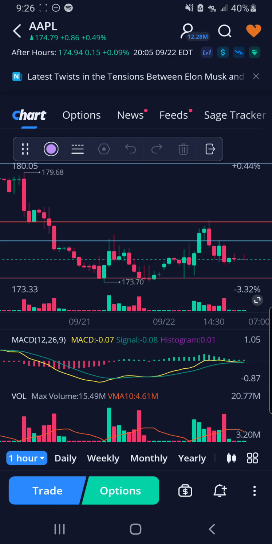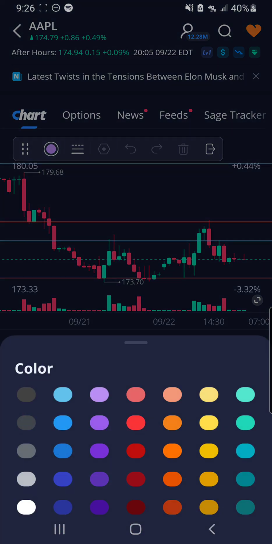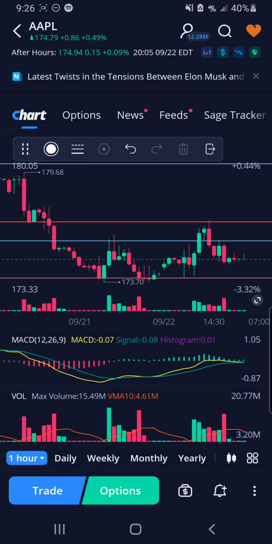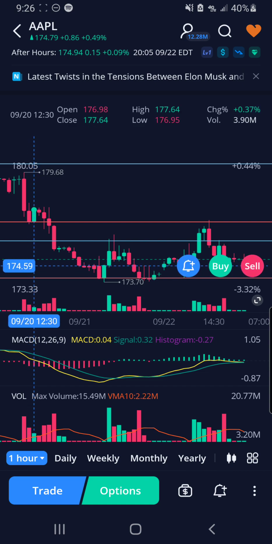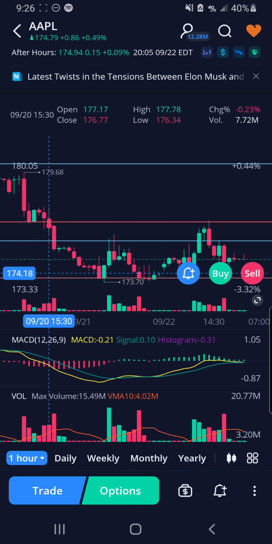The swing high is on the left of the screen, and for right now we're just going to use white. It's on the left of the screen, and it's this green candle. That's the last time we saw buyers. And buyers stopped coming in at this candle, right?